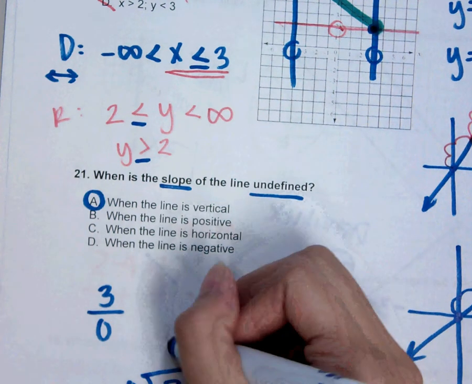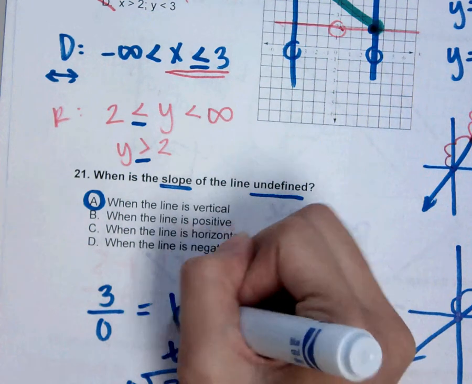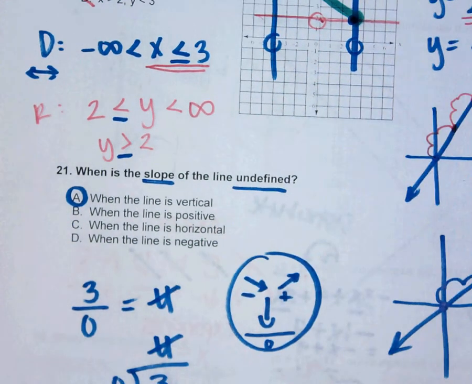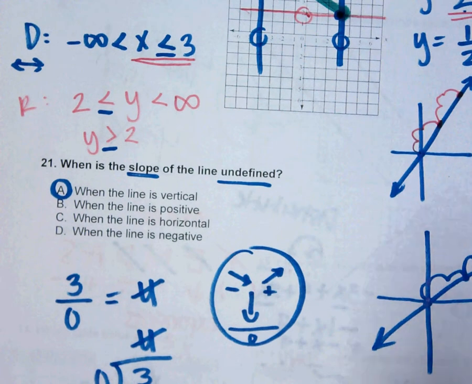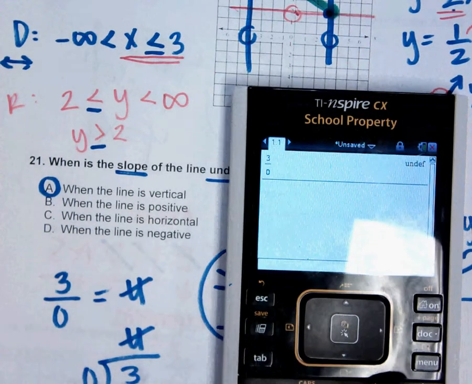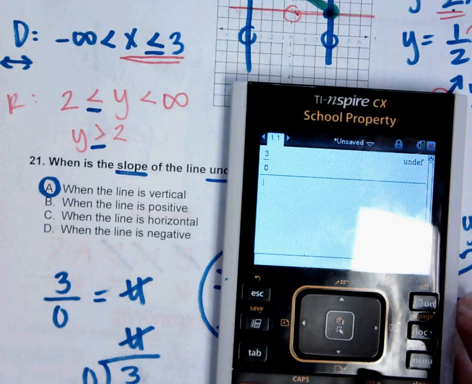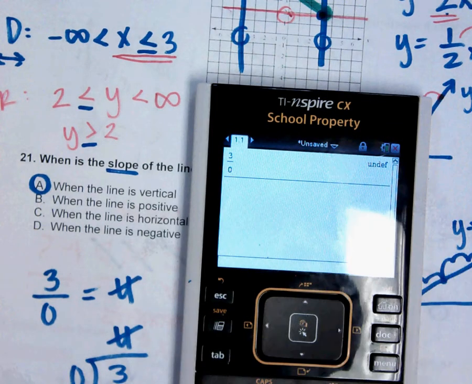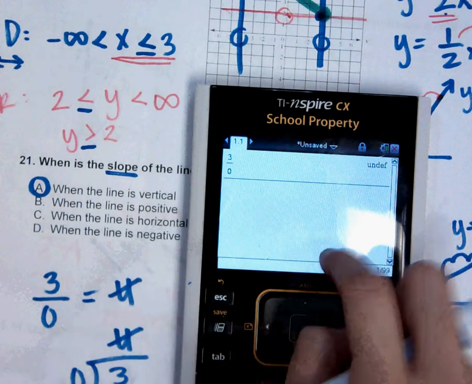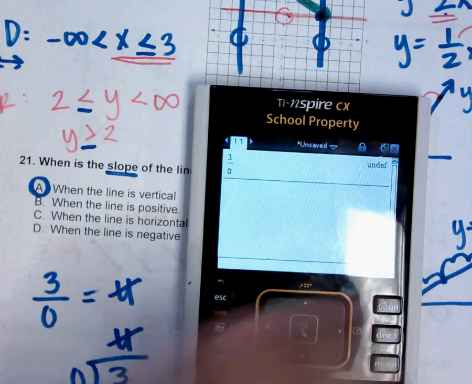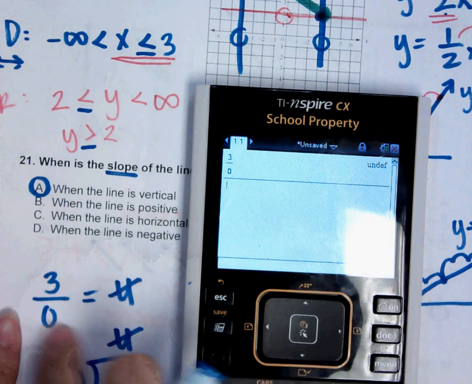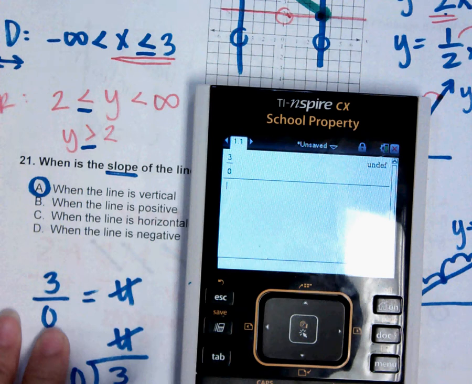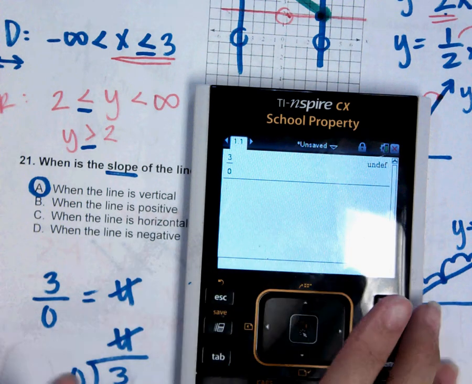That's undefined. I'm pretty sure if you tried this in your calculator, here it is. It shows me 3 divided by 0 automatically tells me it's undefined. How awesome is that? The calculator tells you it's not right. So, if you come across a slope that has a 0 on the bottom, it's undefined. I can't divide that.